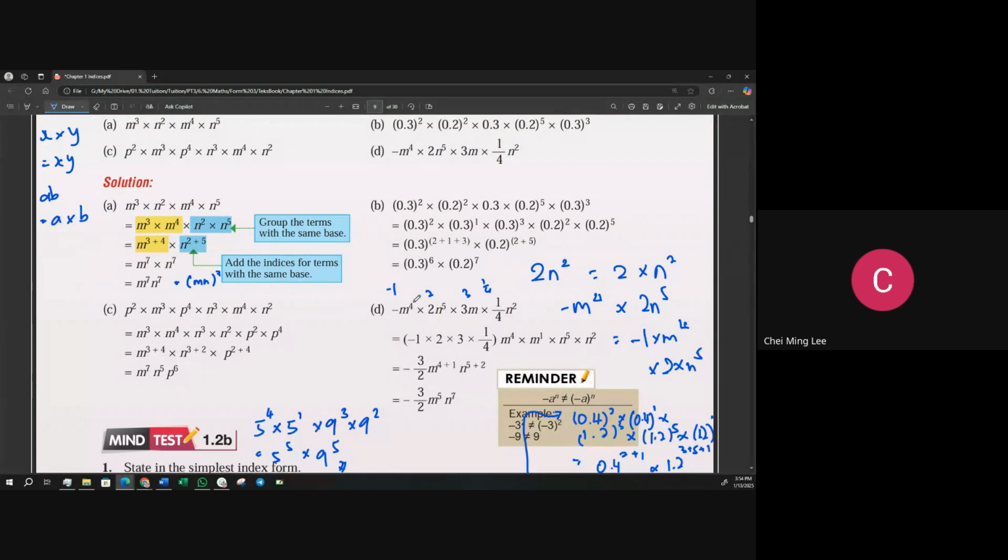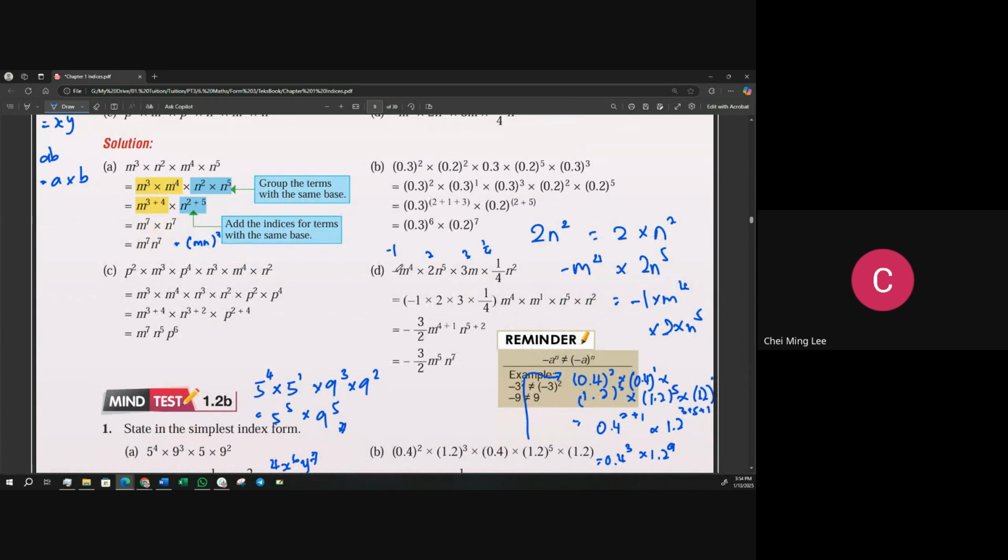Now for negative m to the power of 4 times 2n to the power of 5 times 3m times 1 over 4 n squared. So first, what we need to do is we try to arrange. Actually, you need to arrange this into m and n first. Then you have negative m times 3m, right? Oh, sorry, no need, because the numbers can all be arranged on one side.